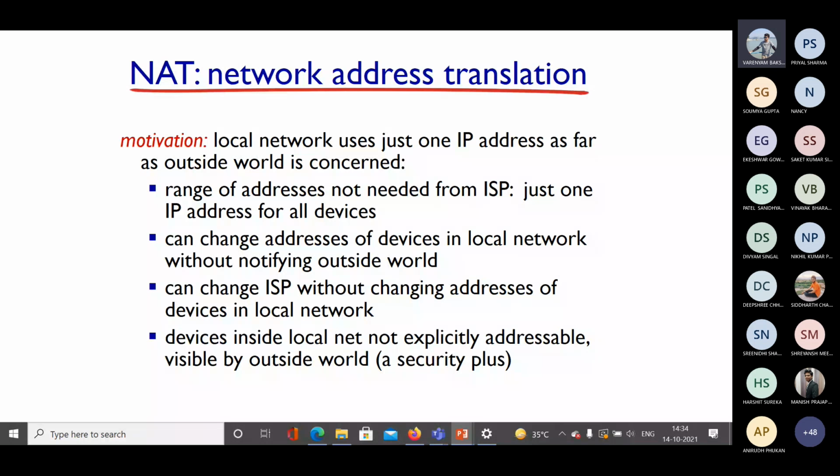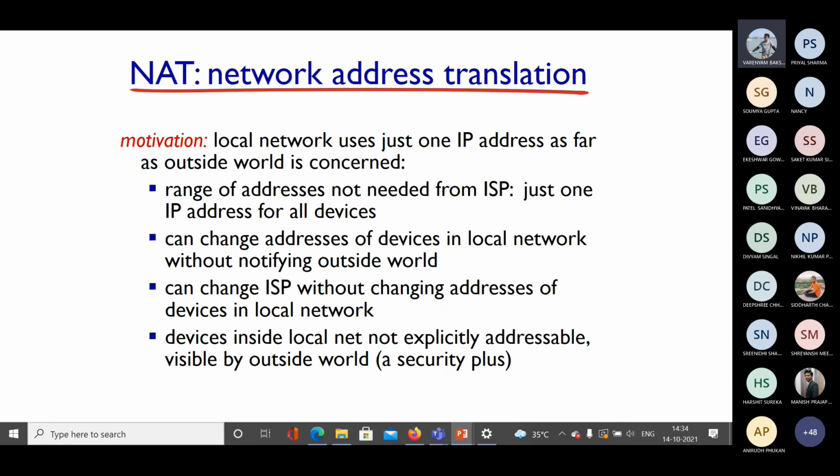So what happens in this case? When the ISP is going to give a chunk of addresses, it is not needed to send a range of addresses to the particular organization. Only one IP address is okay, because the rest of the addresses inside your hosts are local, so those can be anything your organization wants to give.